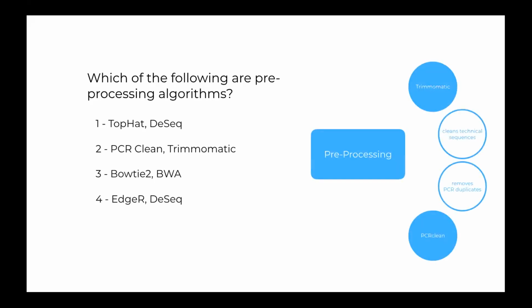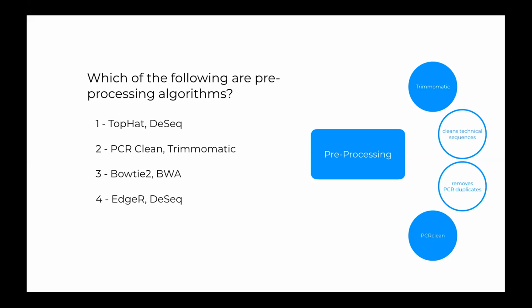Okay. So let me answer. The answer is B. PCR clean removes all the duplicate reads from raw sequencing data. The trigonometric algorithm cleans technical sequences from raw sequencing data. So that is the correct answer.